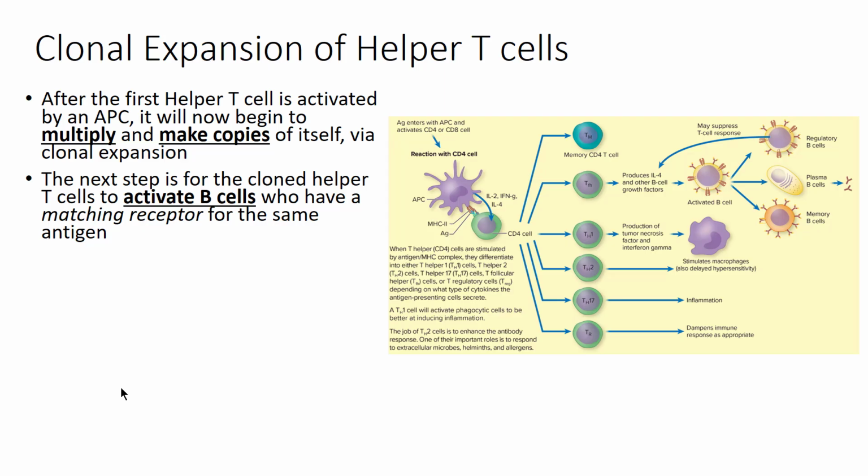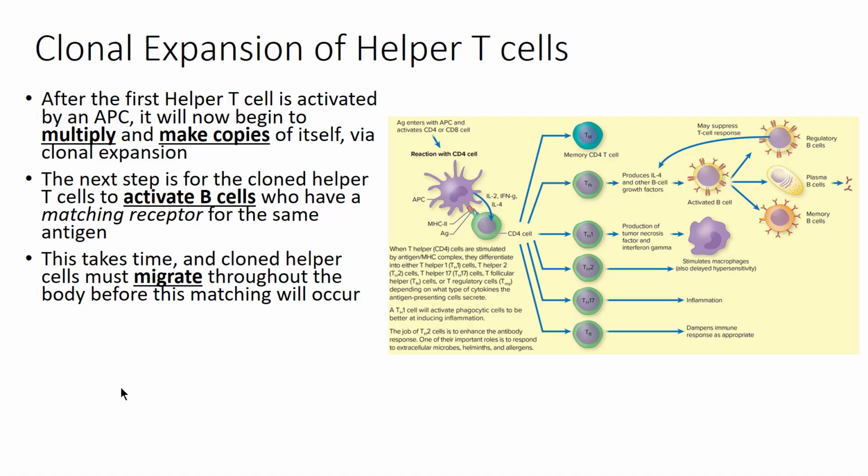So now we have to wait even longer for that one set of cloned helper T cells to go out and find at least one naive B cell with a similar matching receptor. This takes even more time.